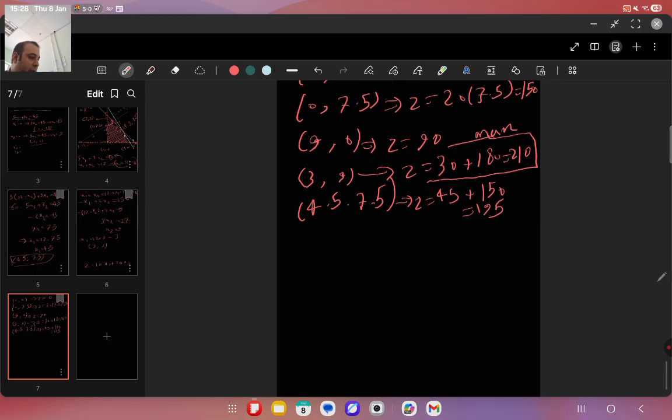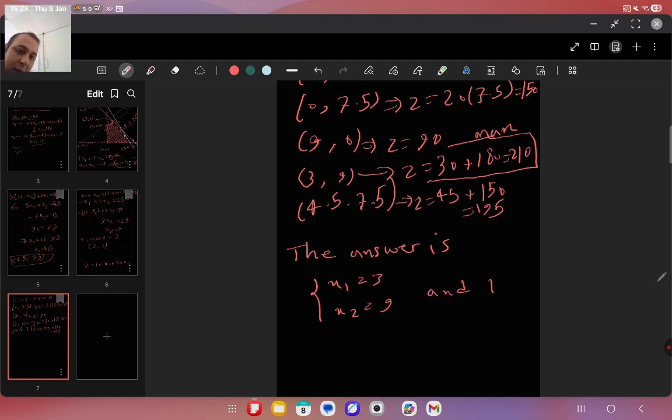So we have to write the answer is x1 equal to 3, x2 equal to 9, and the maximum value is 210. Z equal 210. Okay, that's the answer.